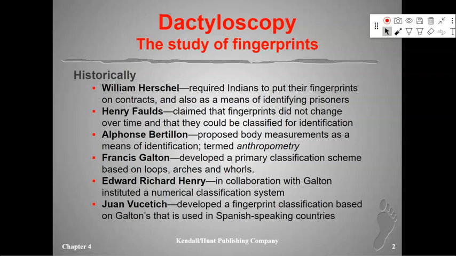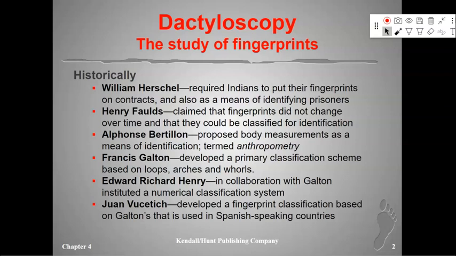So a few people historically: Herschel used prints to identify Indians in India, have them identify themselves on contracts, and to make sure the right people went to jail. Faulds claimed that fingerprints didn't change over time, so you always have the same one and we can classify them. Bertillon, related to fingerprints, looked at body measurements for identification, which is called anthropometry.